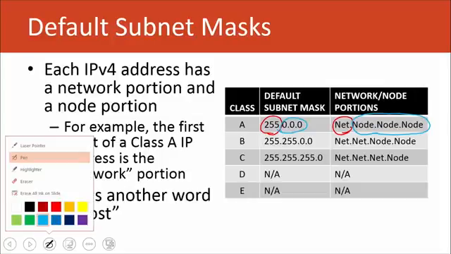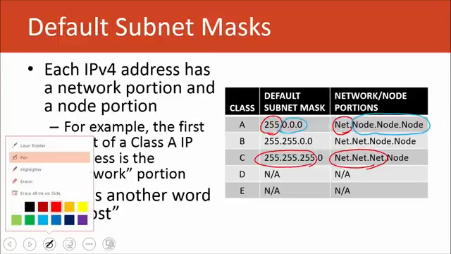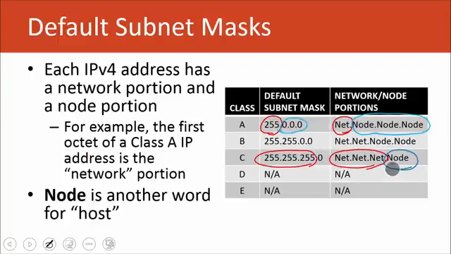Similarly, if we take a look at our subnet masks for Class C addresses, the first 3 portions are dedicated to the network. So that information in an IPv4 address is used to identify which network a host or a node belongs to. And then that last portion is to specifically identify that unique device.